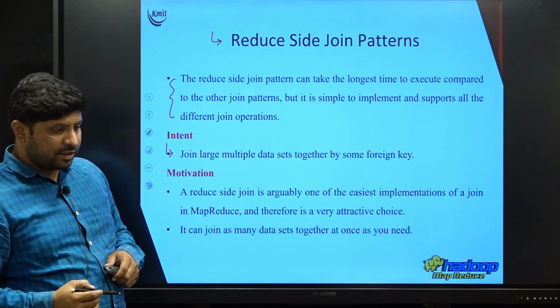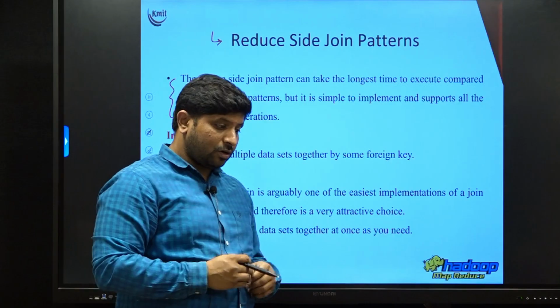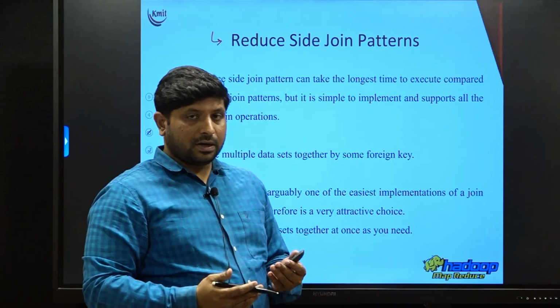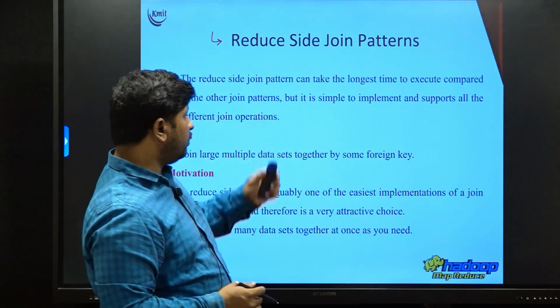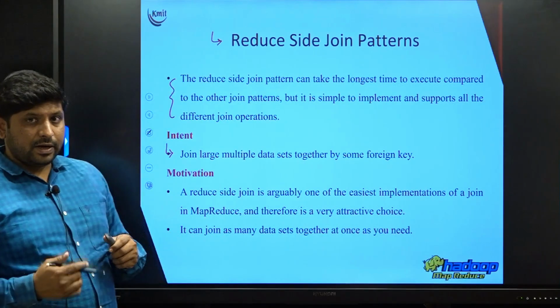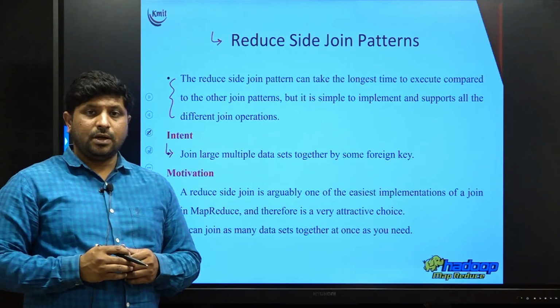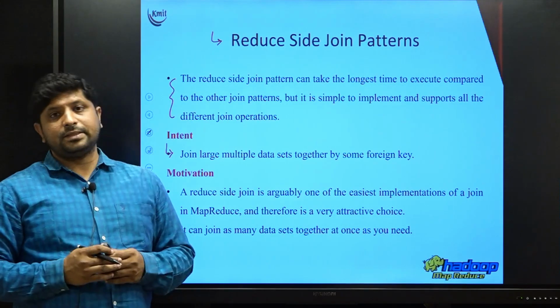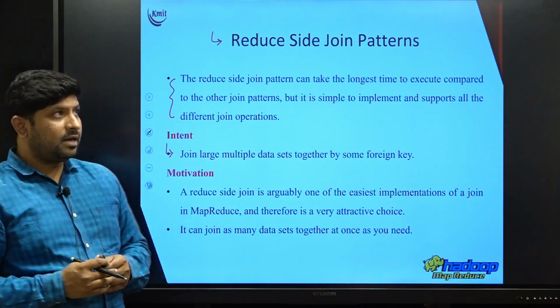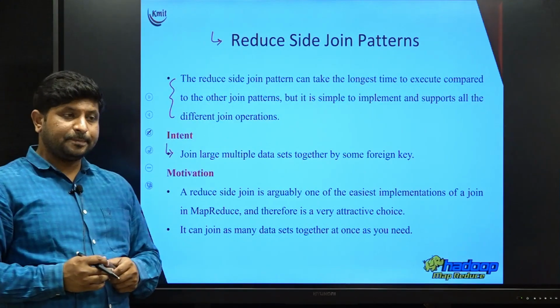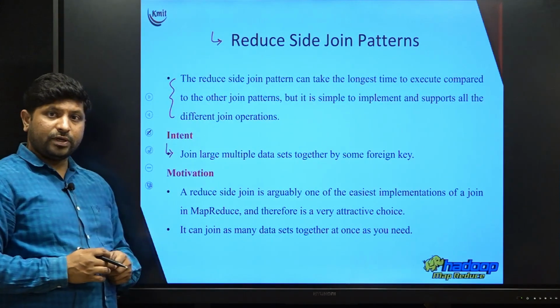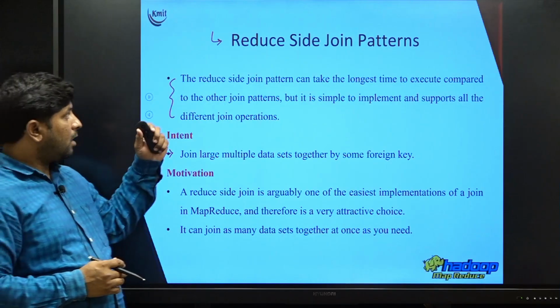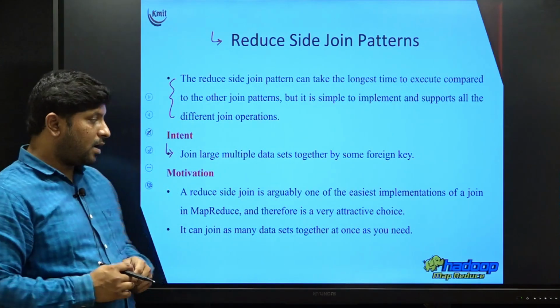In which particular situation can we go with the reduce side join? When we are dealing with large data sets and you have to join these large amounts of data, then we can go with reduce side joins. What is the motivation behind coming up with the reduce side join?